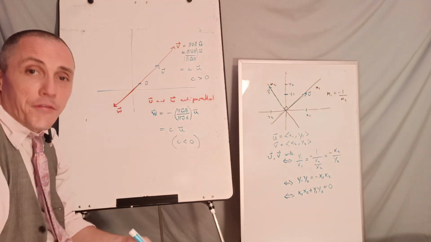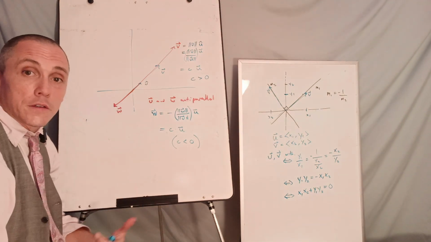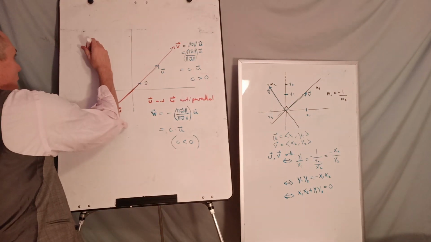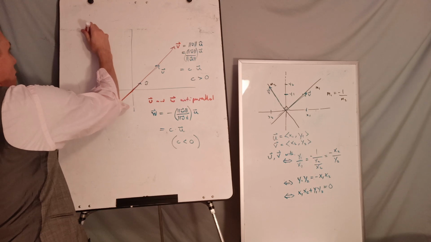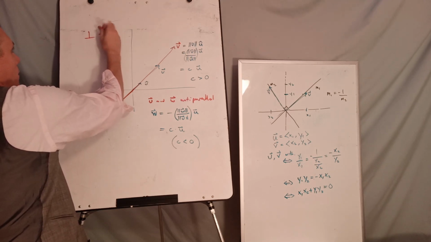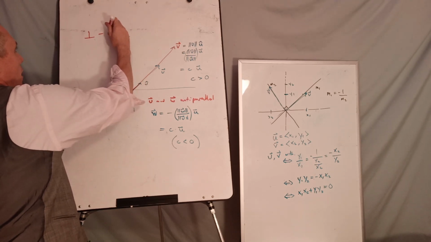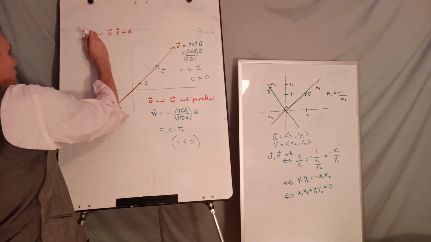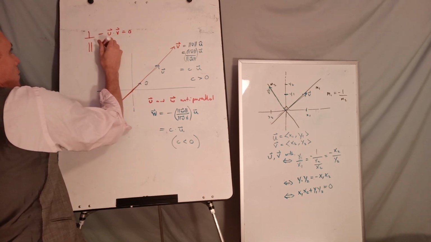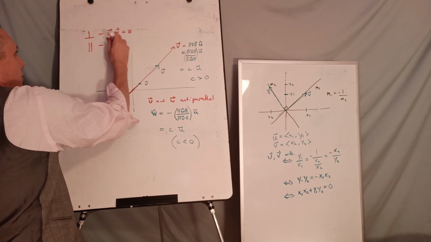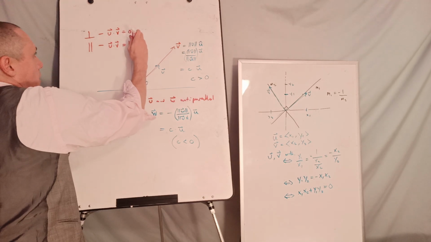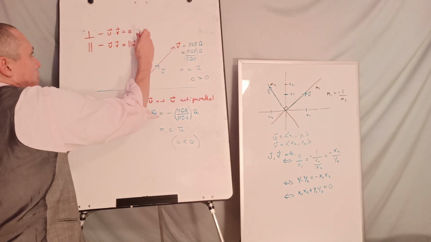Now we could also typify this in terms of the dot product. So the dot product would tell us that in the case of, let's say, perpendicular, the dot product of two things is 0. In the case of parallelity, the dot product of these things is equal to their magnitudes' product times the cosine of the angle between them.